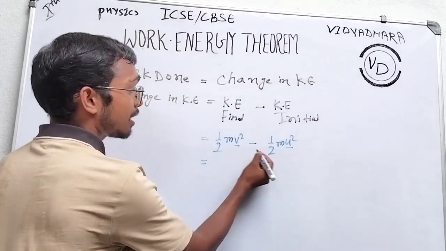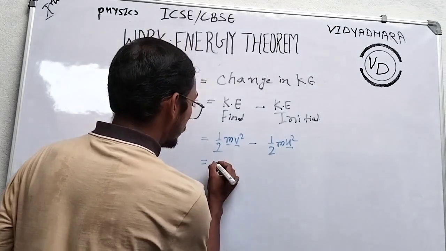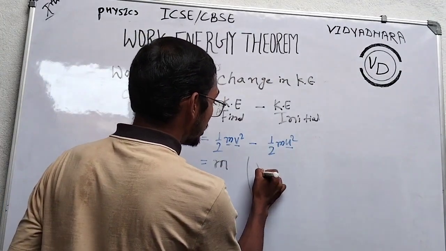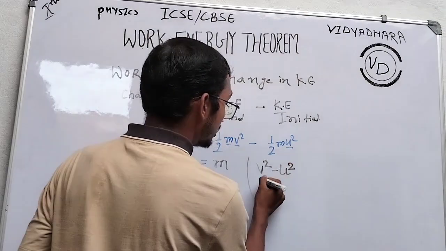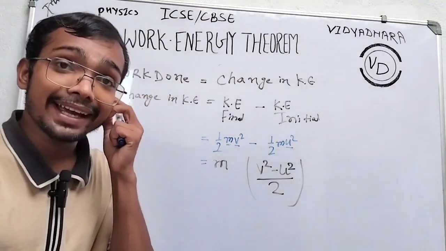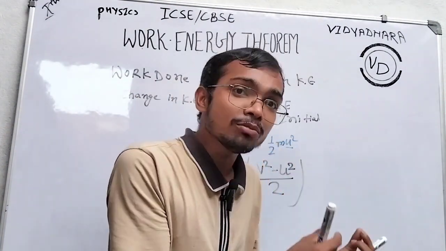What comes there? We can take m as common. So what is left over there? v square minus u square upon 2. Yes, we can multiply anything with denominator and numerator.